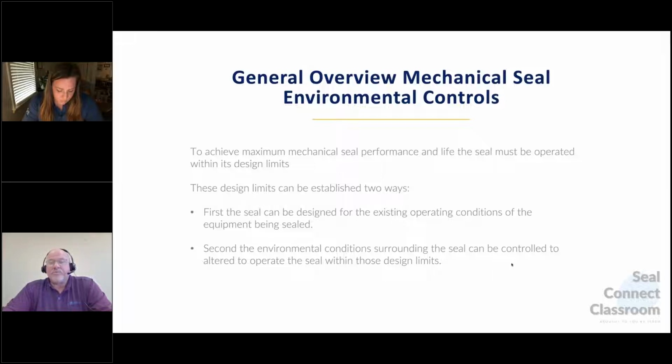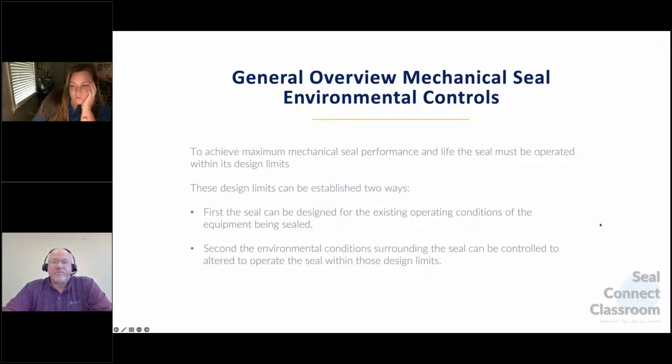But when you get into really special applications like that, the only true solution to solving mechanical seal issues in those critical applications is to design a seal that will run in those operating parameters and design for all the mechanical issues that you can have with the piece of equipment you're trying to seal, mixers and all that sort of thing. They all have to have seals specially designed for them.